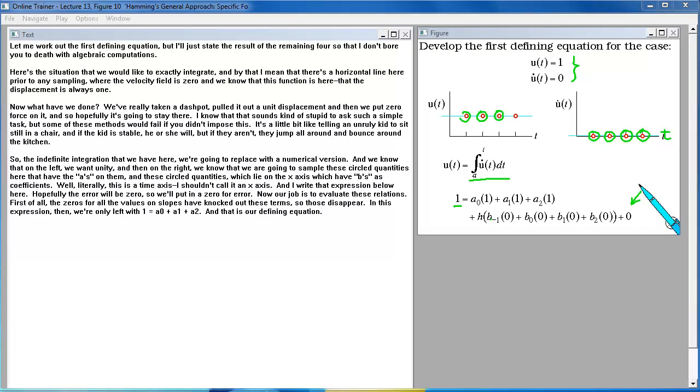Now our job is to evaluate these relations. First of all, the zeros for the samples on slope have knocked out all of these terms, so those disappear. In this expression then we're only left with 1 equals A0 plus A1 plus A2, and that is our defining equation.